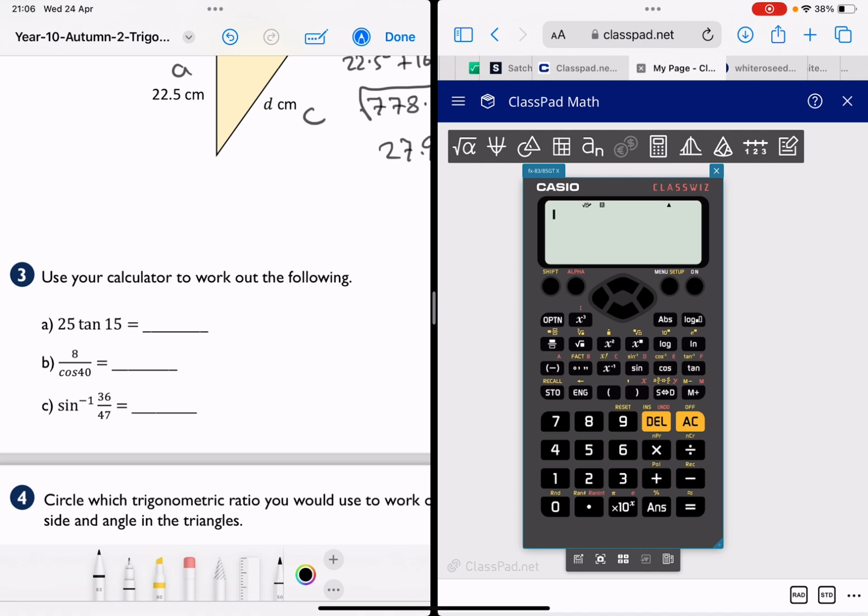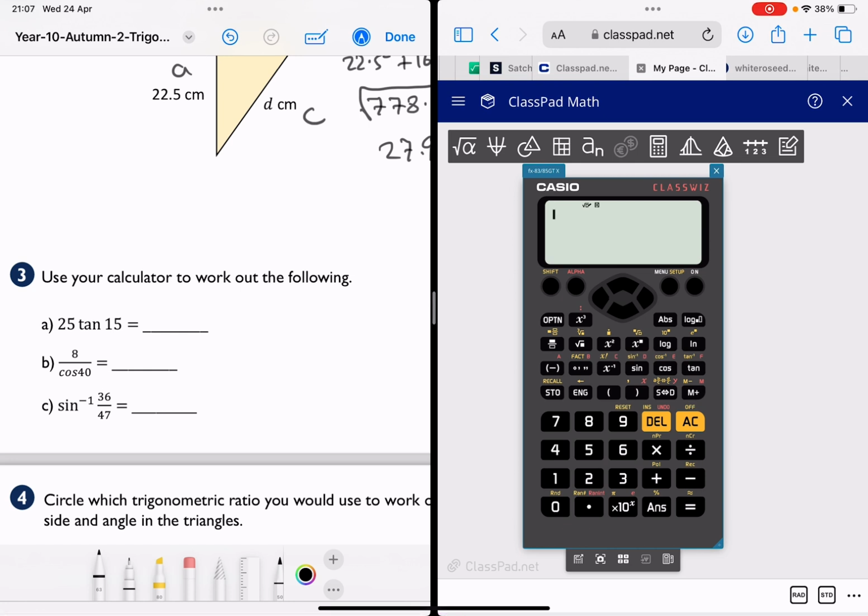You should always clear your memory here. The reason is that at the top here, I've got a little r, and I need this to be a little d. So always clear your memory. So shift 9 3 equals AC. I use that a lot in exams. And here you'll see I've got a little d at the top, which means it's in degrees.